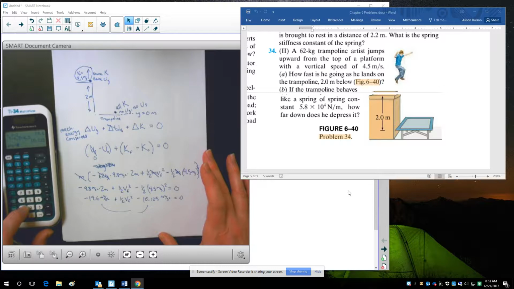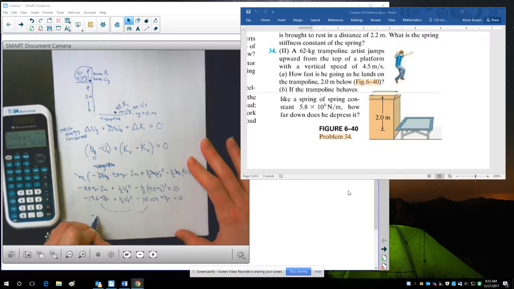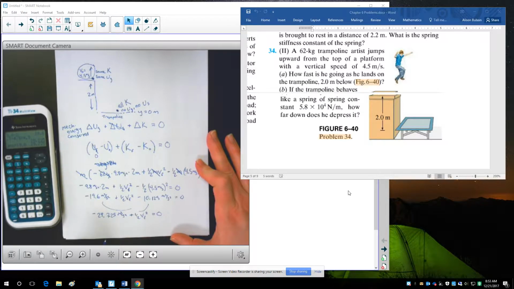I made everything positive. So 10.125 and 19.6. I've got negative 29.725 meters squared per second squared plus half the final squared equals 0. We add 29.725 to both sides.